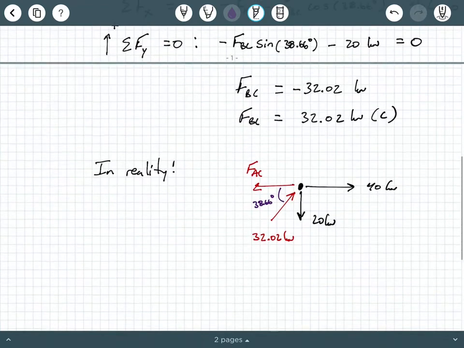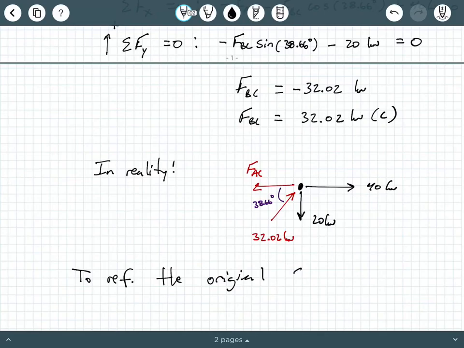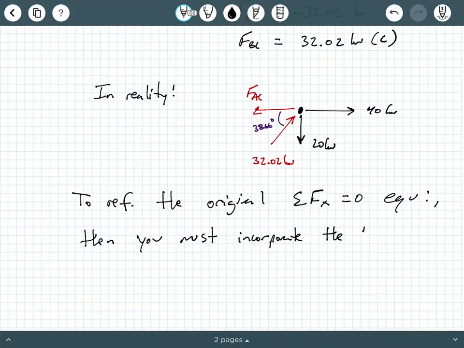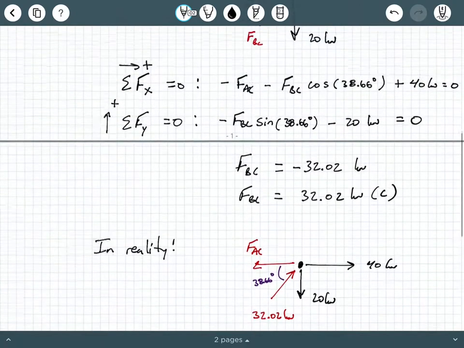If you reference the original equation, the original sum of the forces in the x direction equals 0 equation, then you must incorporate the negative from negative 32.02 kilonewtons.